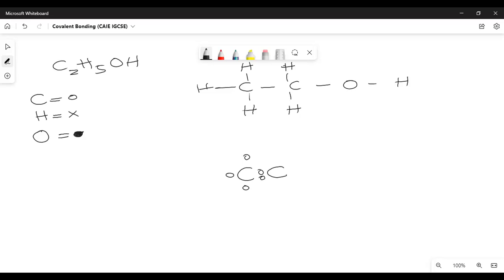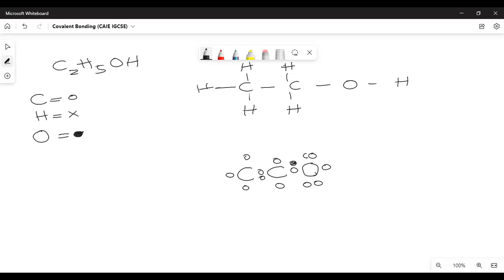Next up is oxygen. So filled circle. All circles are filled now. And then you can go ahead with the crosses.